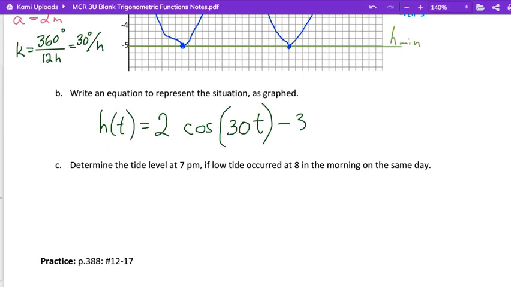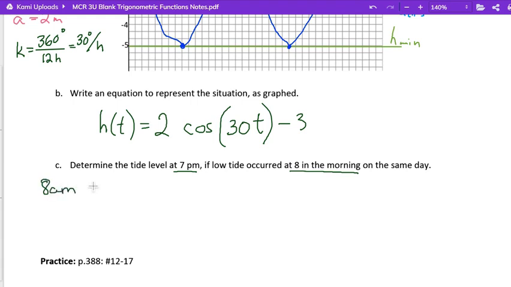Determine the tide level at 7 p.m. if low tide occurred at 8 in the morning on the same day. Okay, this is for the tide questions. This is where it gets tricky. So 8 in the morning is at time equals what?